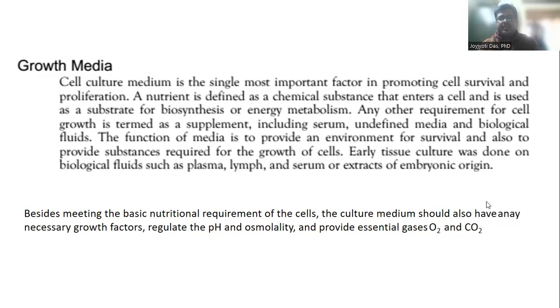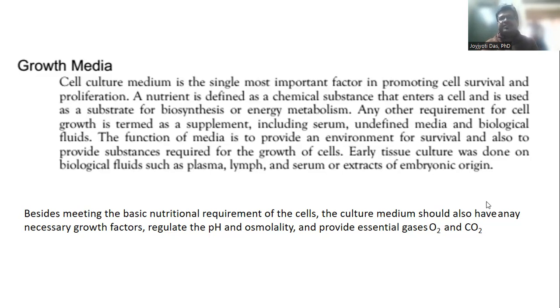A nutrient is defined as a chemical substance that enters a cell and is used as a substrate for biosynthesis or energy metabolism. So we all know that for any living cell, these are two very important activities that are always going on inside the cell.